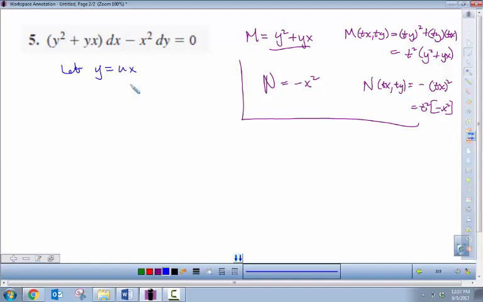What we're going to be concerned about is the differential for y, which is dy.